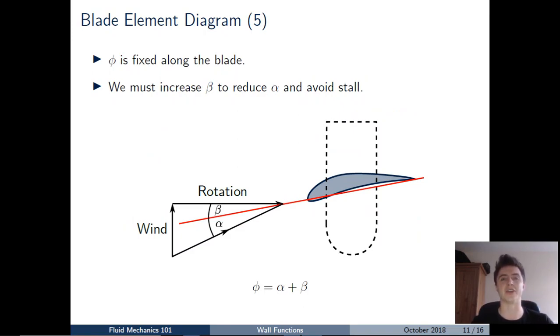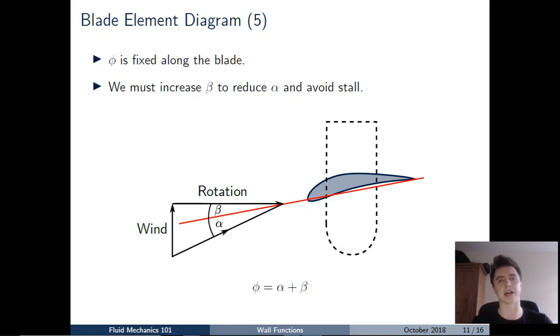So I've given here another blade element diagram, this time to show you that the flow angle phi is actually the sum of the angle of attack, alpha, and the pitch angle, beta, of that local aerofoil section relative to the rotor plane. So what you can see is that if the aerofoil section is aligned parallel with the rotor plane, so there's no twist, then beta is 0, and the angle of attack is the same as the flow angle.